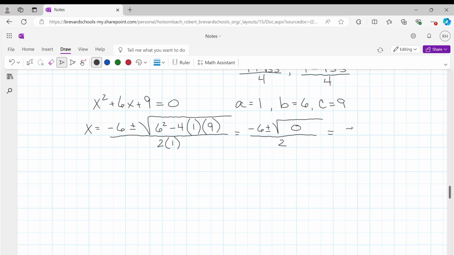So we got negative 6 plus or minus 0 over 2. So you're only going to have one solution in this case. It's going to be the negative 6 divided by 2, so our x is equal to negative 3. Everybody okay with that?